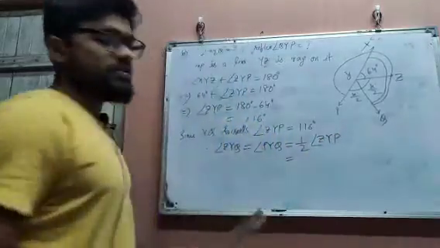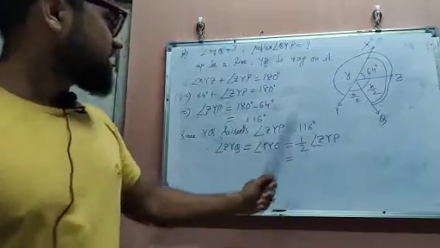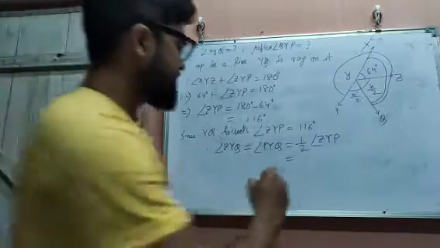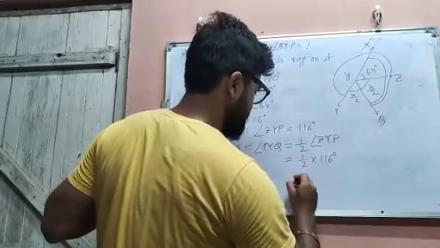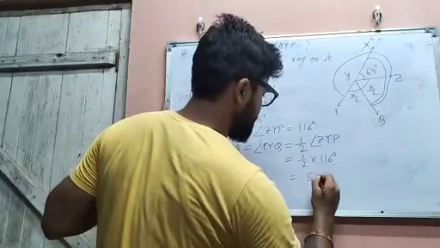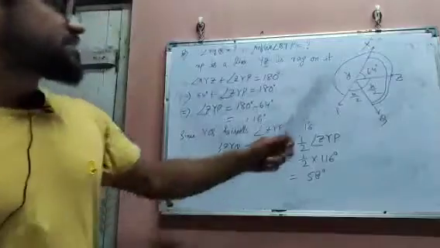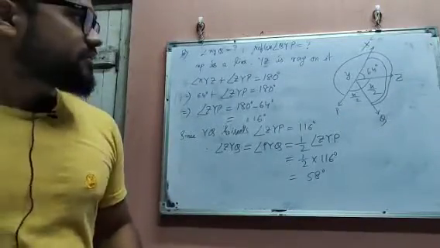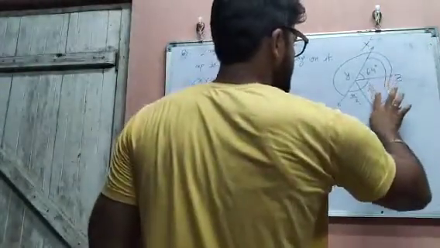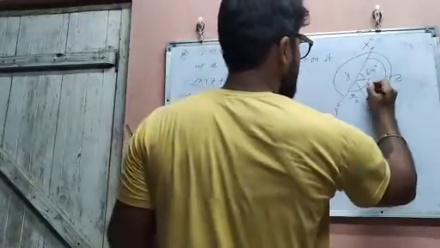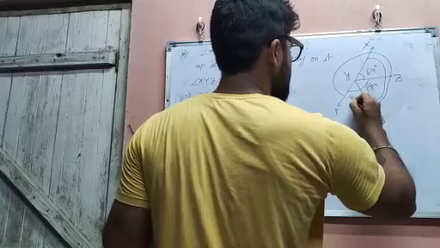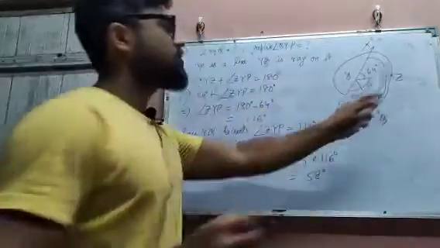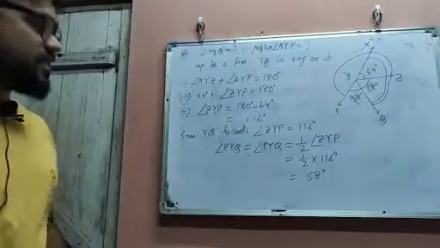So 1 by 2 into 116 degree gives 58 degree. This angle becomes 58 degree, and this angle also becomes 58 degree, because YQ bisects the angle ZYP.